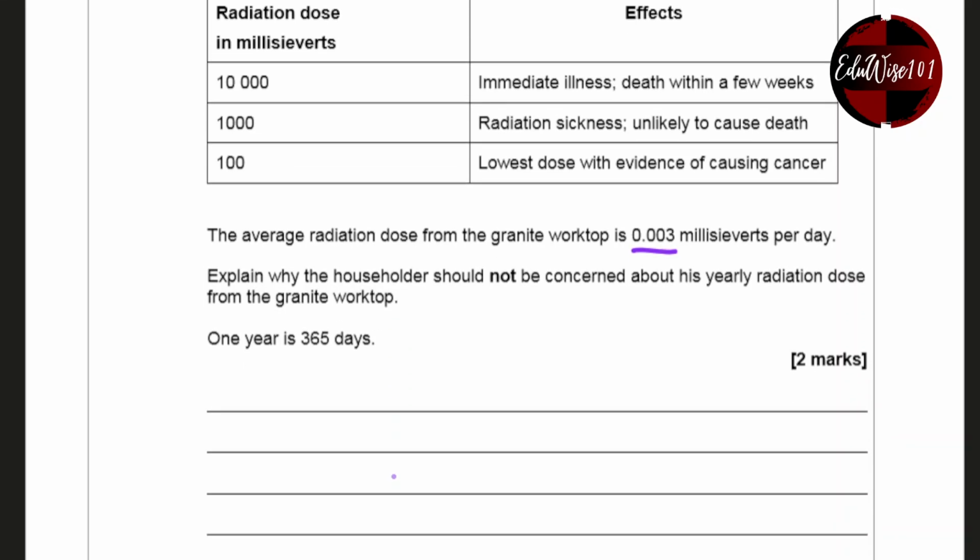1 year is 365 days. So if they are receiving 0.003 millisieverts per day, what will be the total radiation received in a year? If I multiply 0.003 times 365, that would give me 1.095.